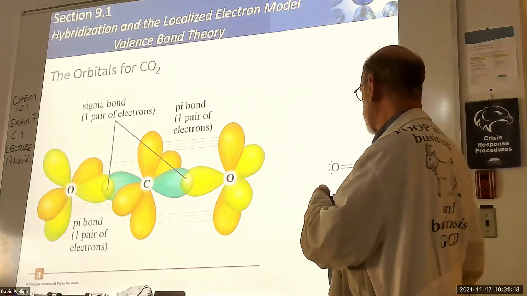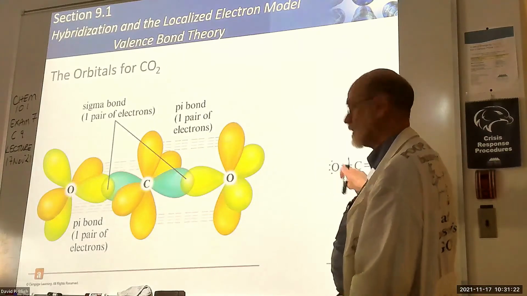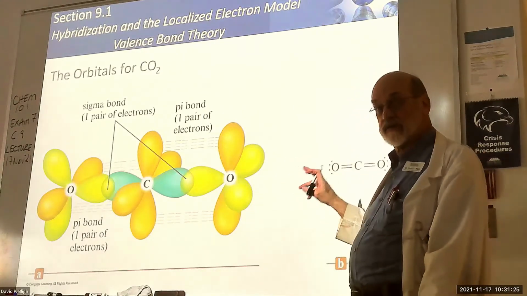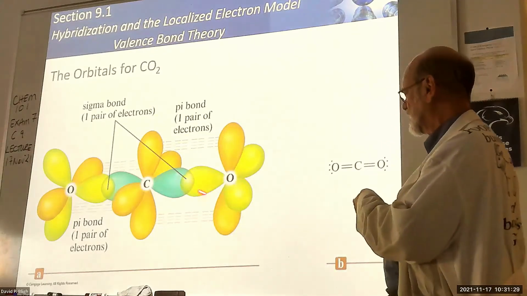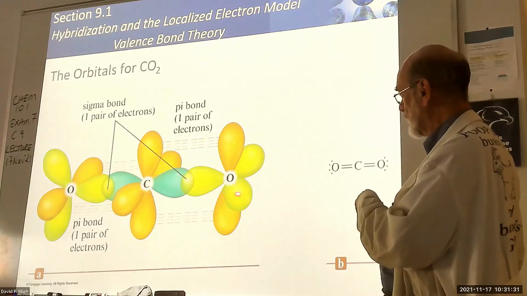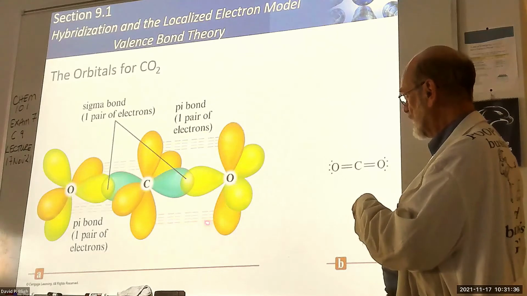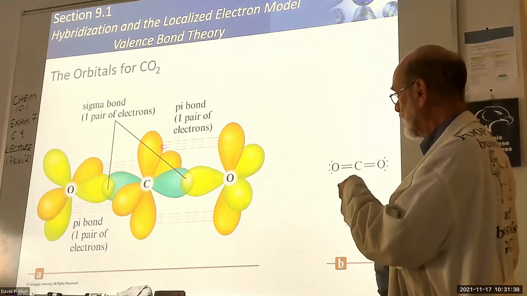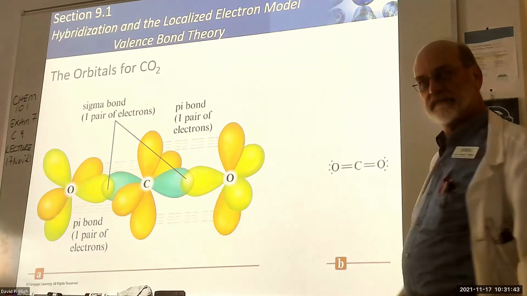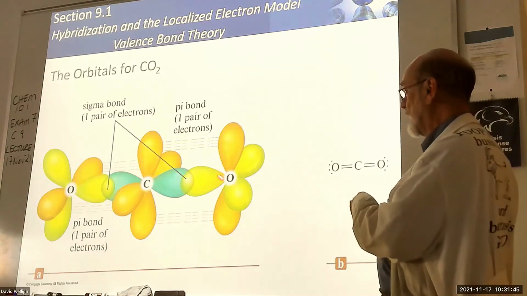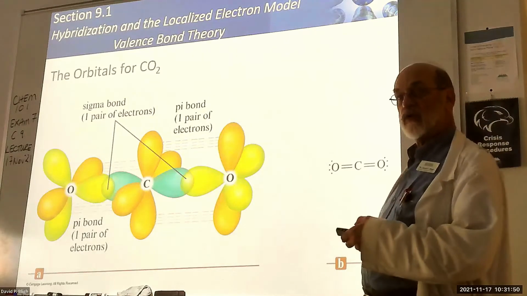Let's see. Oxygen would have 1, 2, 3 groups around the oxygen, which makes it trigonal planar. So oxygen has to be sp2 hybridized, right? And you have a lone pair here, a lone pair here. And these p orbitals on the carbon overlap, and then these at right angles overlap here. Okay, so you've got a pi bond on this side and a pi bond on that side, formed from the unused p orbitals.